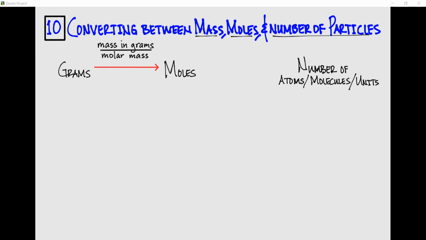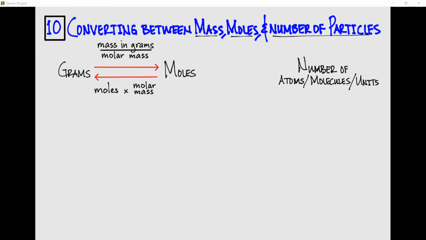And I provided an equation here that you can use. So in order to convert grams of whatever substance you have into moles, all you have to do is divide that mass in grams by its molar mass of the compound. All right, so that would convert it to moles.